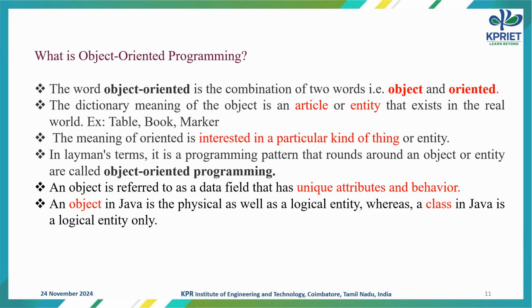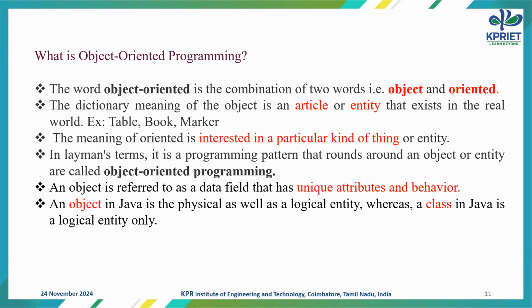Whatever entity or thing exists in the real world is considered an object. What is the meaning of oriented? If you are depending on anything, that is, you are particular about anything, that is oriented. So oriented means interested in a particular kind of thing or entity. The combination, object and oriented, is called an object oriented programming language.